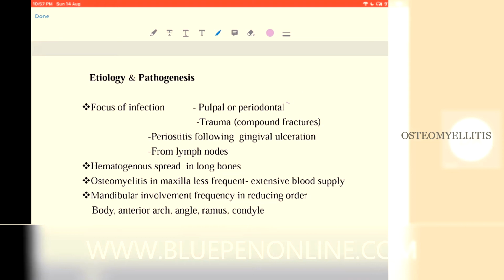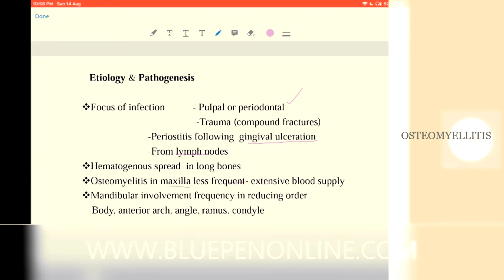Then periostitis following gingival ulceration. In some cases, this gingival ulceration can become so deep and involve the periosteum. It can also come from lymph nodes. Then hematogenous spread in long bones can be an etiology.